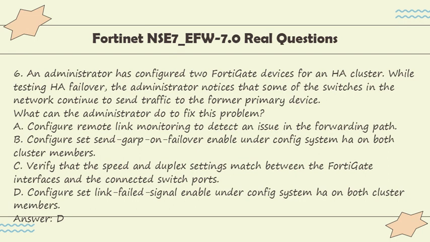B. Configure set send GARP on failover enable under config system HA on both cluster members. C. Verify that the speed and duplex settings match between the FortiGate interfaces and the connected switch ports. D. Configure set link failed signal enable under config system HA on both cluster members. Answer: D.